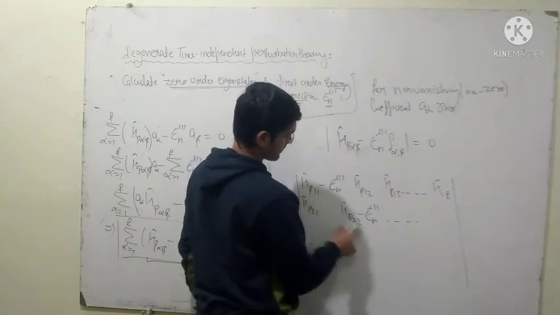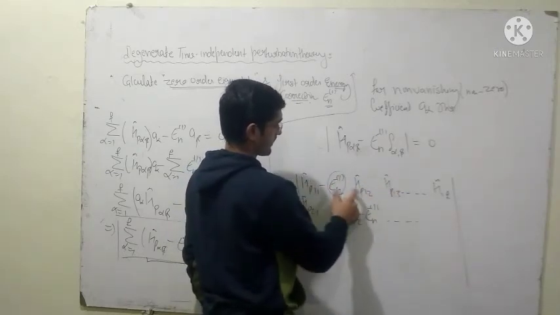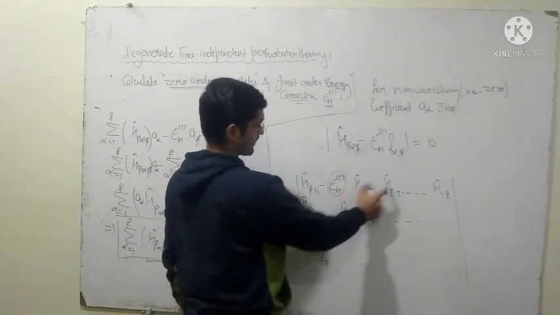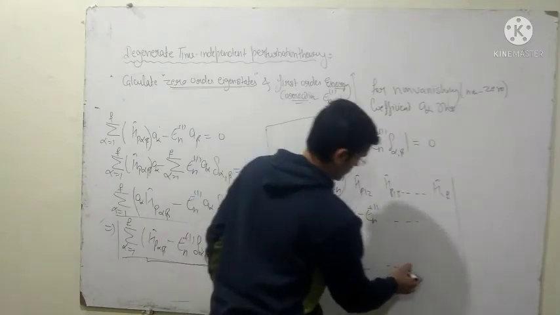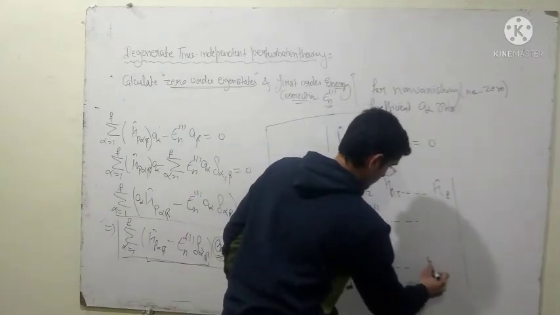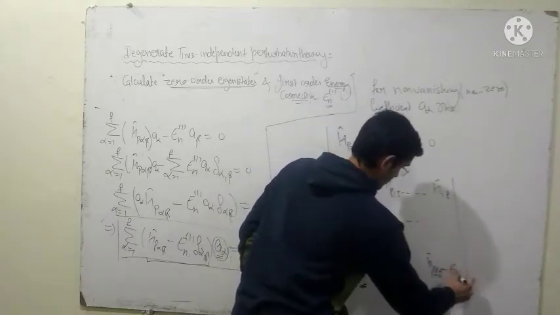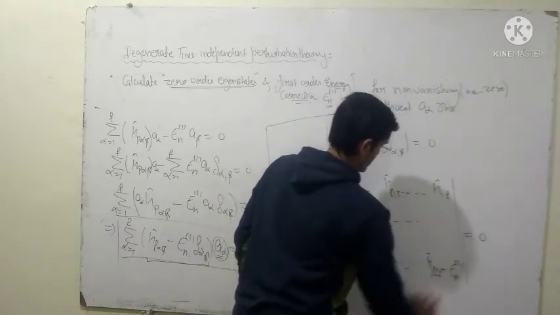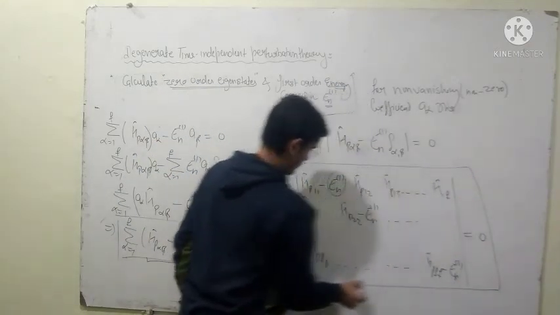There will be these diagonal terms where we will have this particular quantity. Off diagonal terms we will not have any of this particular quantity. We just have these operator values. So this will be up to HPff minus En1, which has to be equal to 0.